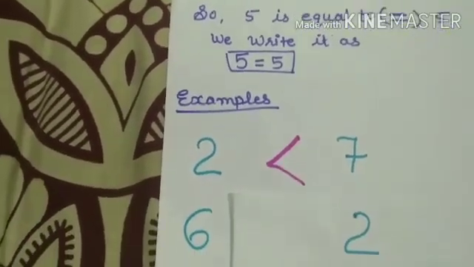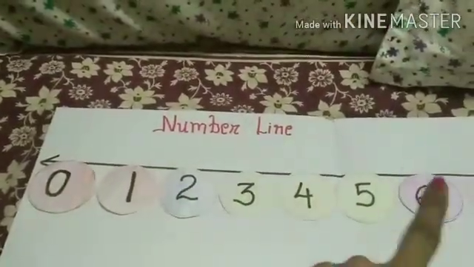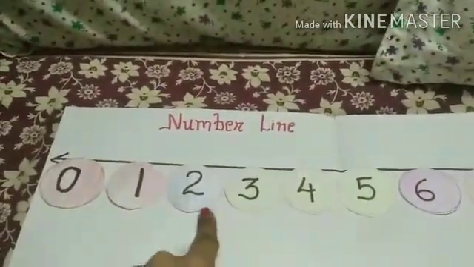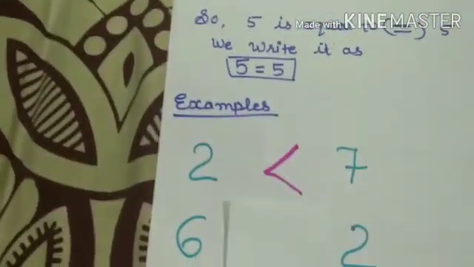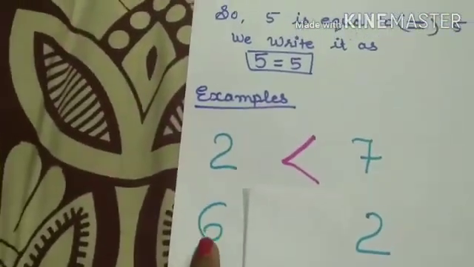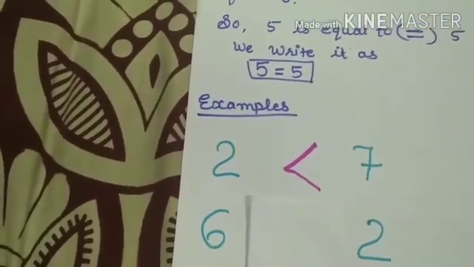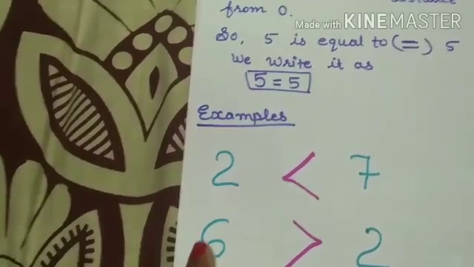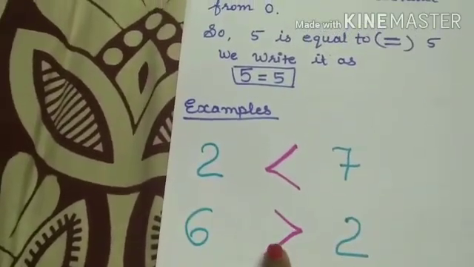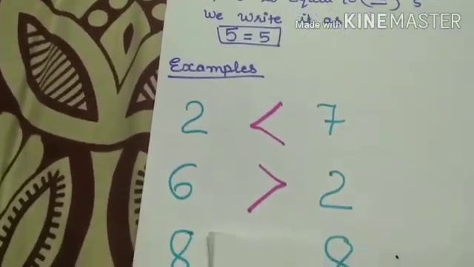Next example, 6 and 2. 6 is far from 0 and this 2 is near to 0. So 6 is bigger than 2. Which sign will we put? Greater than. 6, sign of greater than, 2.